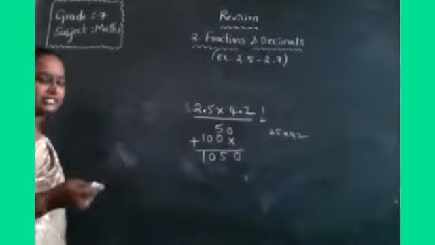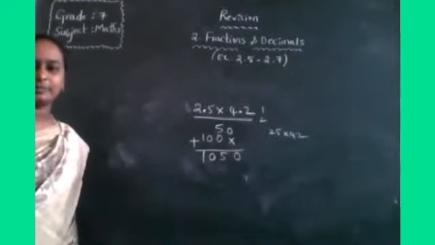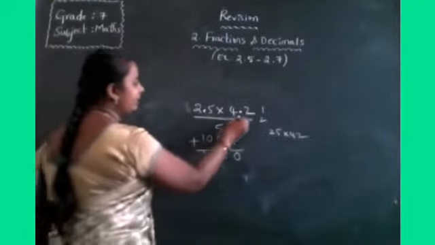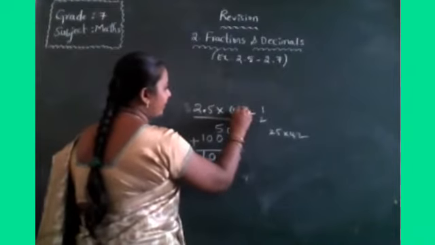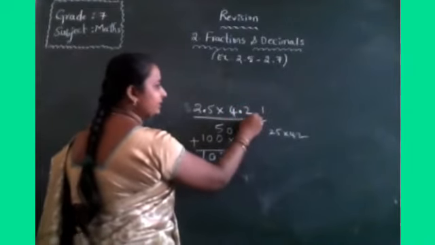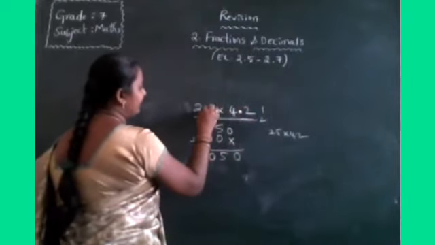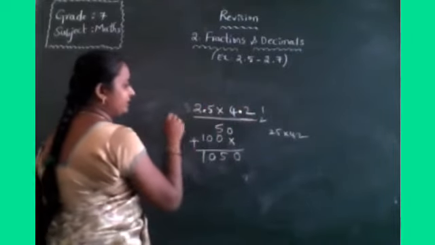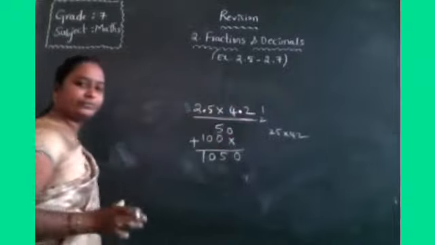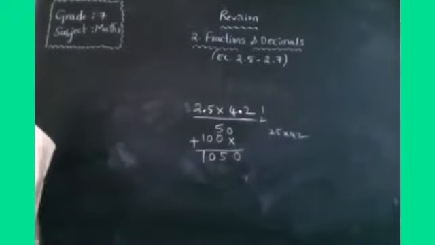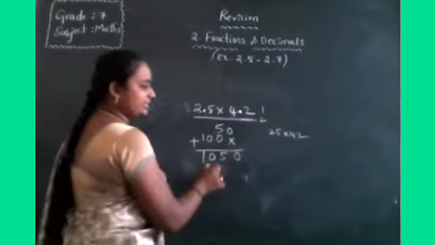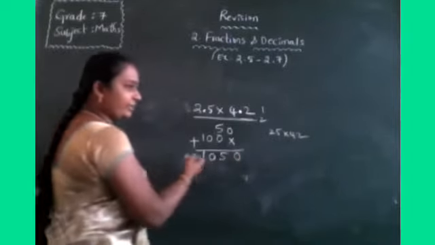Okay. Now next we have to give the decimal point. Consider in 4.2, point after how many digits are there? 1. So here 1 digit after the point, and here also 1 digit after the point. Then how many places do you have to take here? 2 places after which you have to give the decimal point.